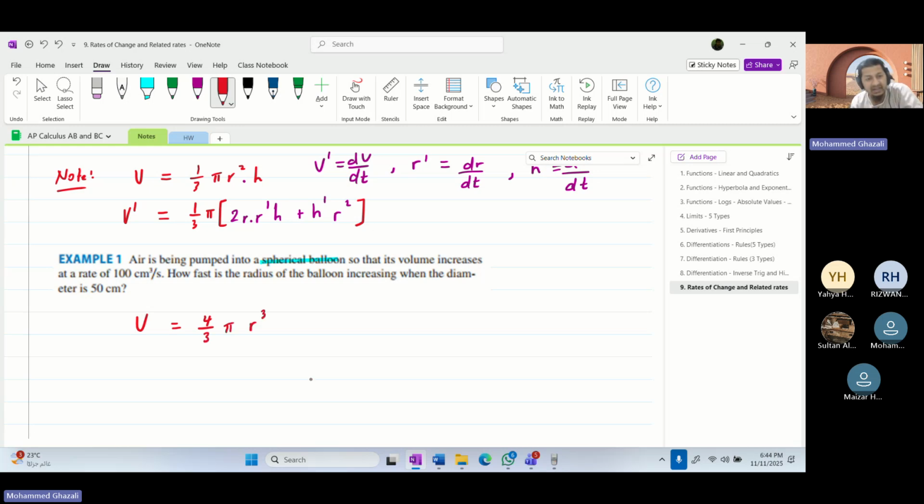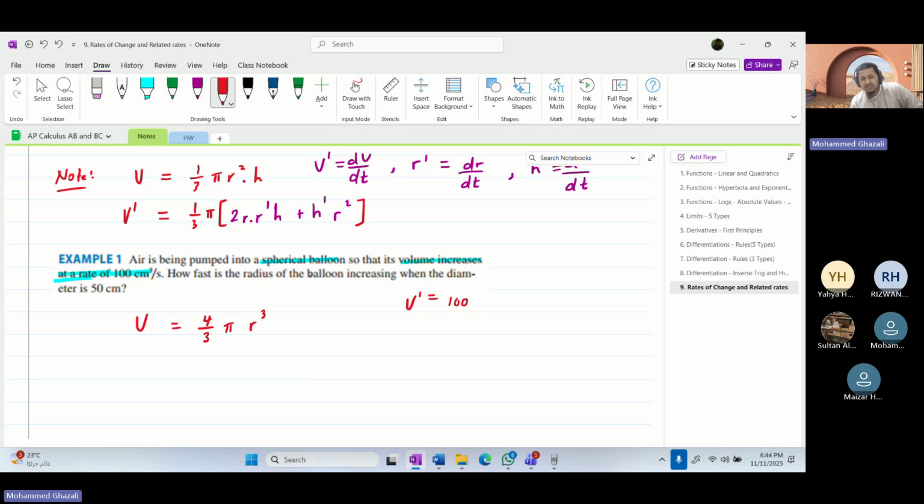Are we good? Now, what are the rates that are given? We are given a rate which is dV/dt. Volume increases at a rate of 100 cm cubed per second. So we are given V prime. What is V prime? 100. That is dV/dt. Are we good?